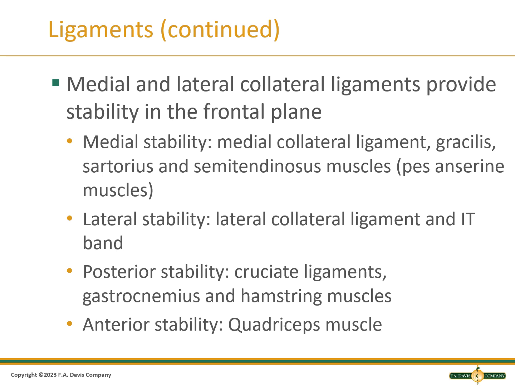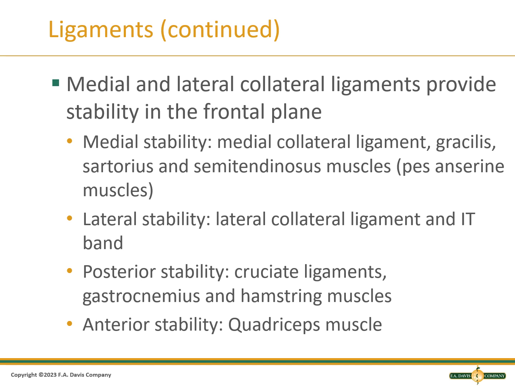Our medial and lateral collateral ligaments provide stability in the frontal plane, so they're going to run along the sides of our knee. Medial stability is provided by the medial collateral ligament, our gracilis, which is our longest and most superficial adductor muscle, our sartorius, which is the longest muscle in the body that straps across our thigh like a seatbelt, and our semitendinosus muscle, which is one of our medial hamstring muscles.